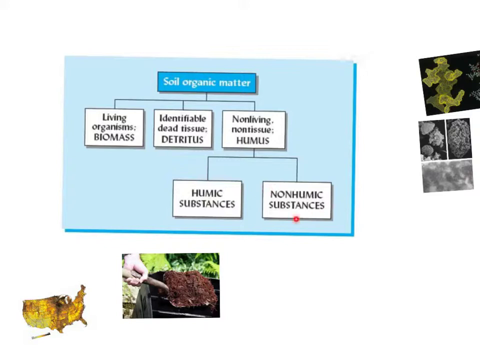Non-humic substances, so these are usually materials that result from breaking down organic matter, or even breaking down further humus, some chemicals that come out of that process. And then we have the actual humic substances, which are really important. These are the ones that are really giving us the colloidal properties that we've discussed before.